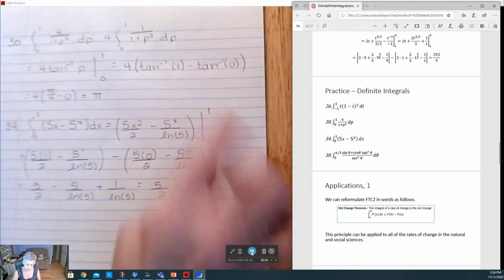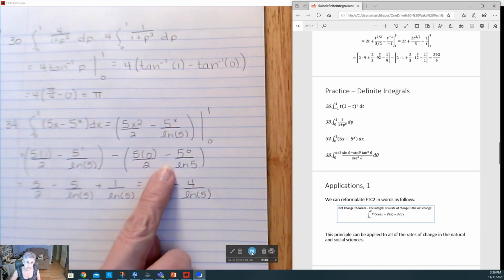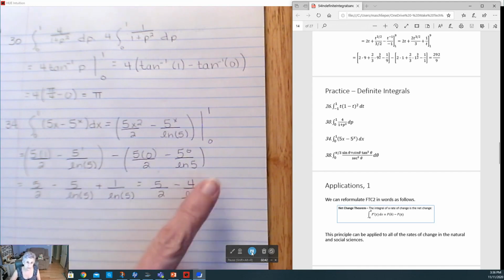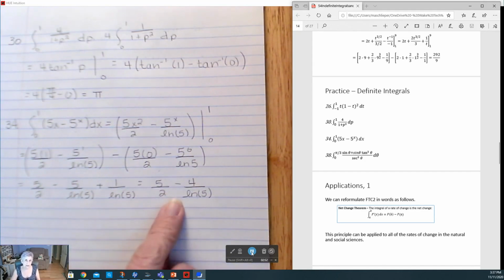And then we evaluate it from 0 to 1, plug 1 in, plug 0 in, 5 to the 0 is equal to 1, combine like terms, and you're done. You could plug it into your calculator, but you will not get an answer that looks like that. So if this were a WebAssign problem, you would most definitely need to do it by hand. You can't just plug it into your calculator.